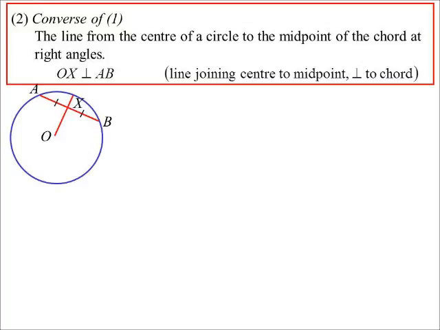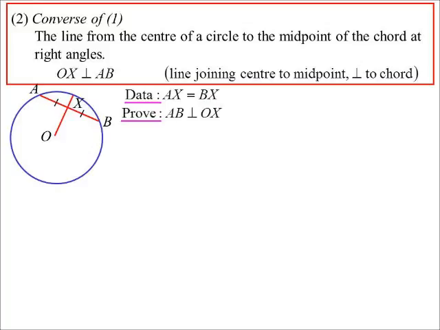So it's like the reverse of the first one. The first one we said, if we know they're perpendicular, therefore these two things must be equal. Whereas this one's now saying, if I know these two things are equal, therefore they're perpendicular. So the reason I would use for this one is that the line joining the centre to the midpoint is always perpendicular to the chord.